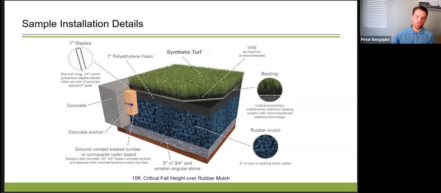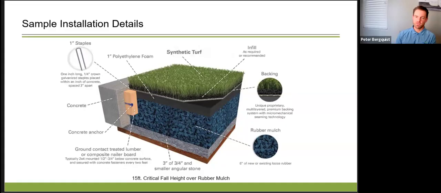Here's another one. So this one is over rubber mulch. Obviously, this is a very thick system. So this depicts 6 inches of new or existing loose rubber, which is important because it's not commonly known that you can actually turf right over these systems.